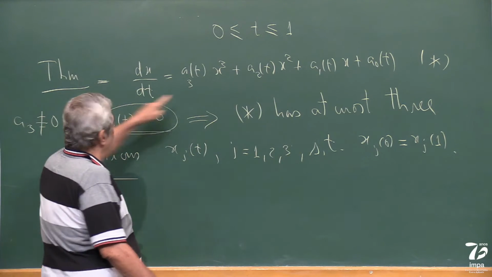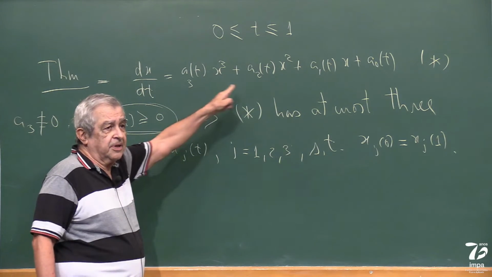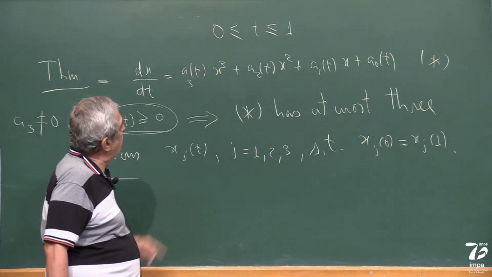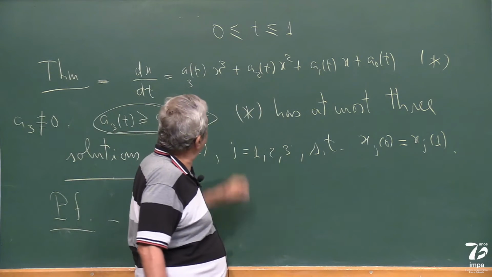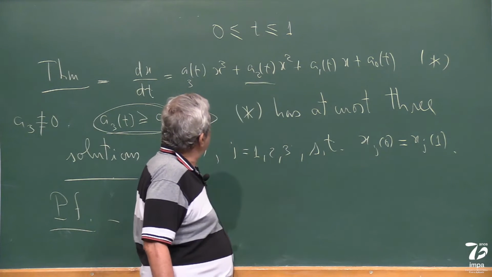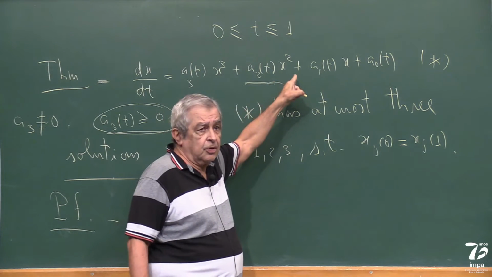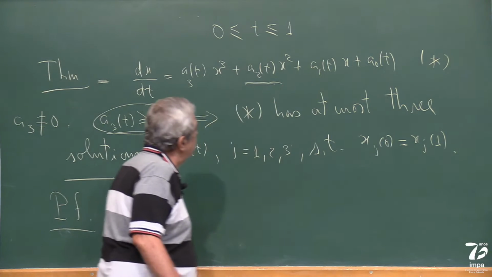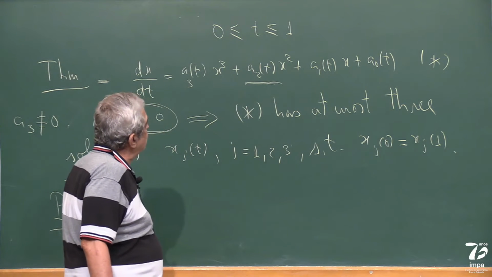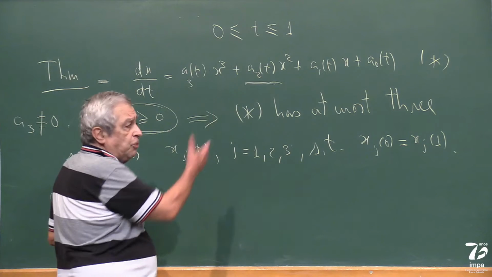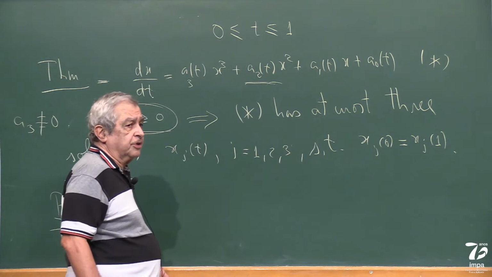If A3 is identically 0, then you have an equation of degree 2, and so you have at most 2 solutions.